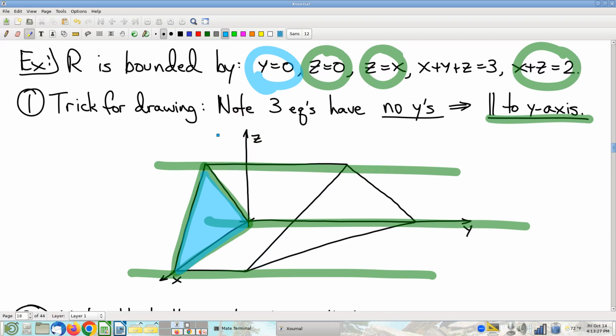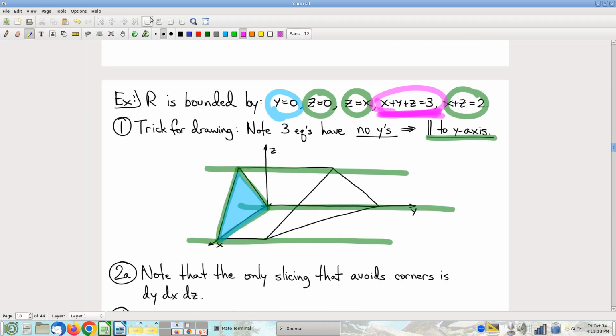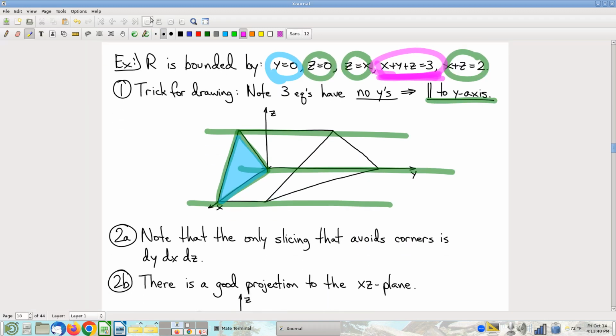And then the hard one, there's just no way around this. The last plane here, this purple one, it's not parallel to anything, right? But it's also not that bad. I know where it intersects the coordinate axes because I can just see x equals 3, y equals 3, z equals 3. So I know it intersects kind of there and there and there, and so I can draw that.